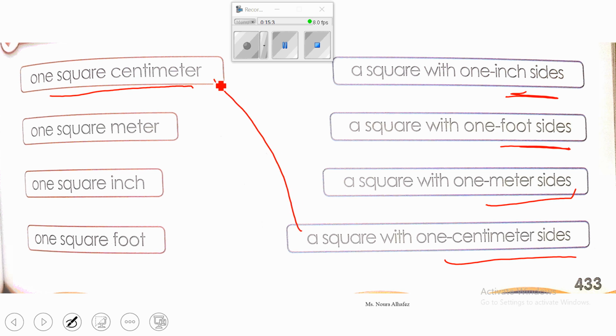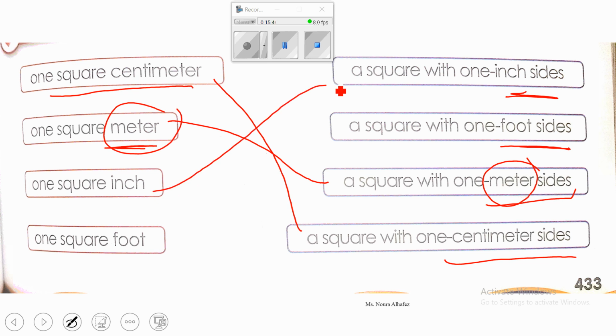Perfect, 1 centimeter. 1 square meter: 1 meter side, see the same word, meter. 1 square inch, perfect, 1 inch side. And 1 square foot, amazing, 1 foot side.